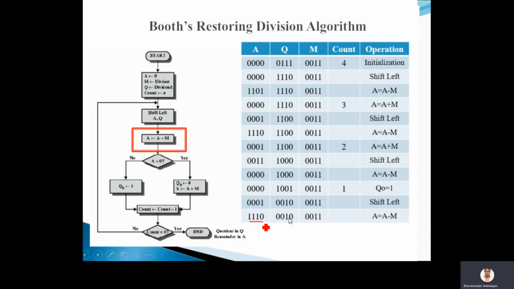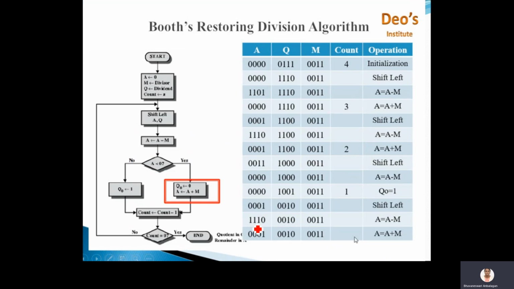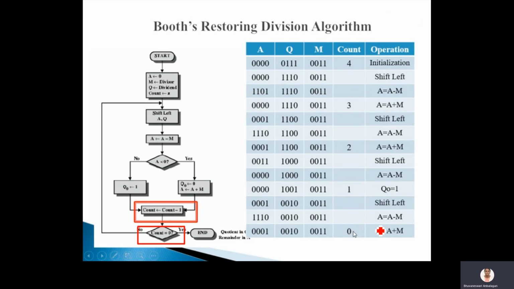So it is getting the value of A here, and then it will check whether A is less than 0. So yes, the number has the most significant bit, the sign bit, as 1. So it is a negative number. So it has to take this particular branch. So it will set the value of Q0 as 0, and then it will perform A is equal to A plus M, and then the count will become 0.